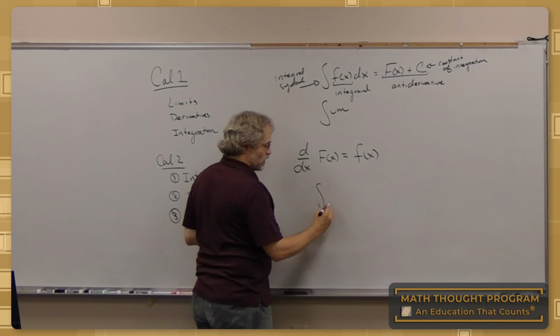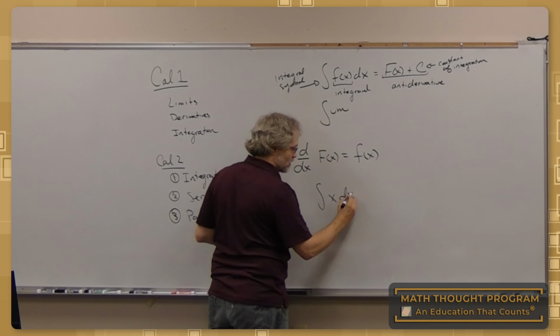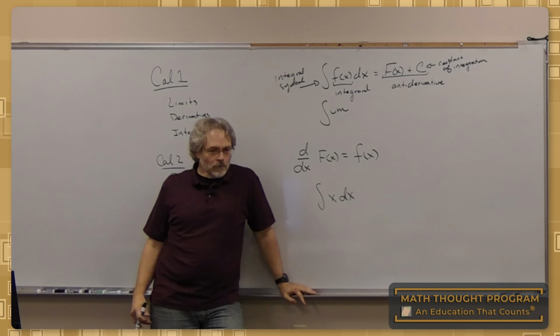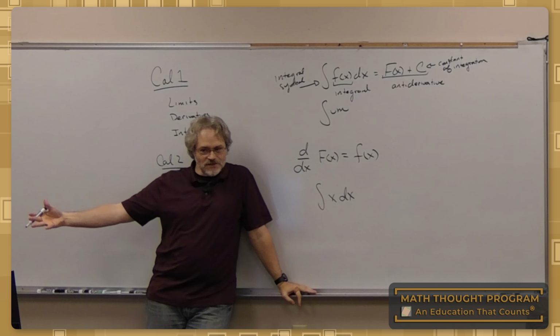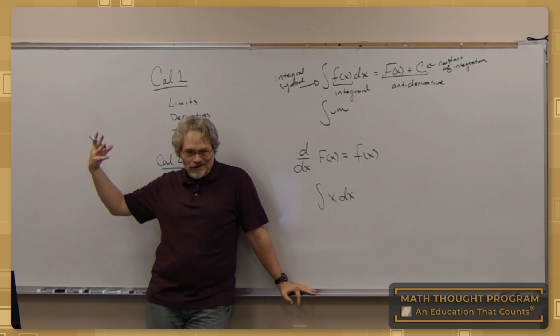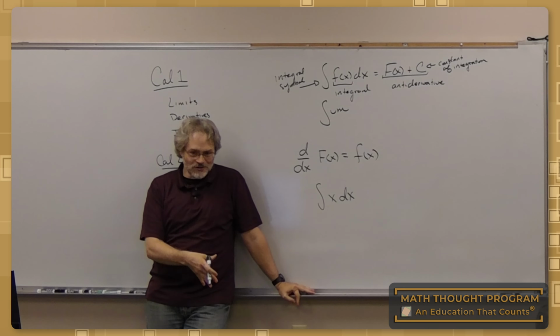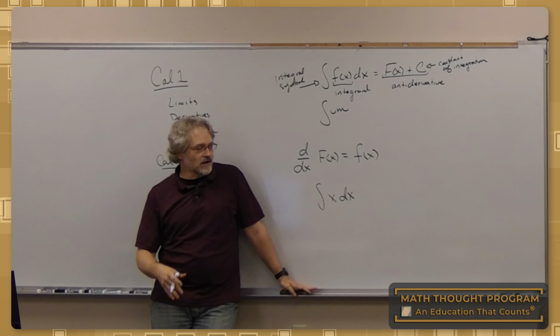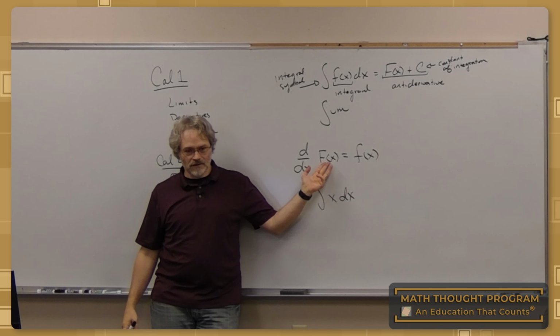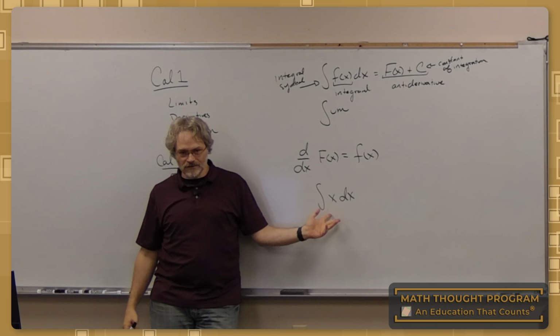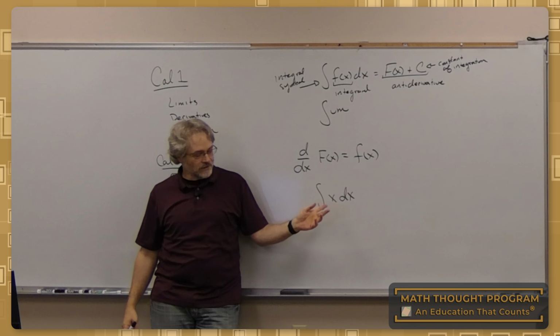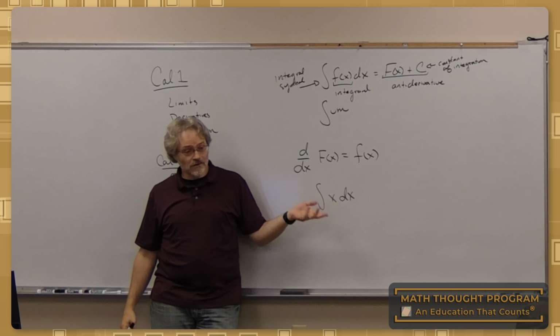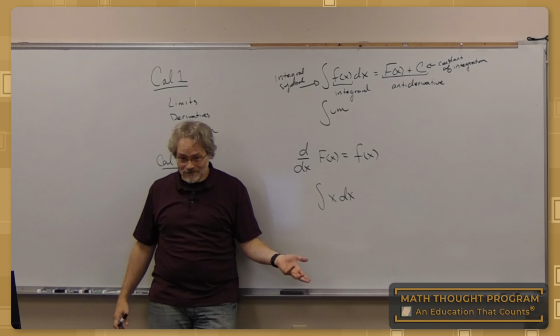If I want to integrate x dx, I'm thinking of this magical function. Read my mind. I'm not going to tell you what the function is, but I'll tell you what it does. If you were to take its corresponding derivative, you would get this function right here, f of x. In this case, x. What am I thinking about?